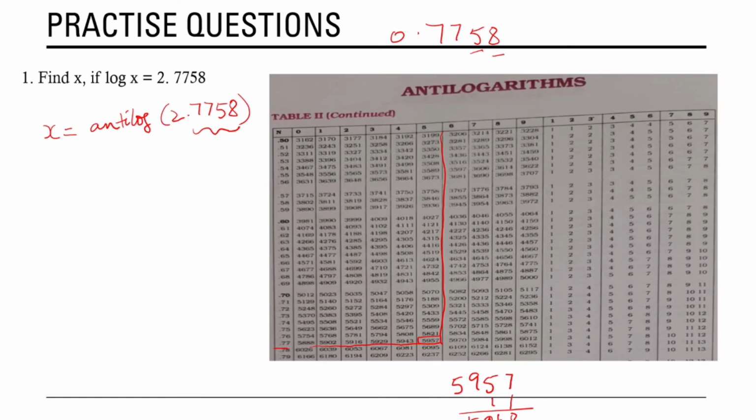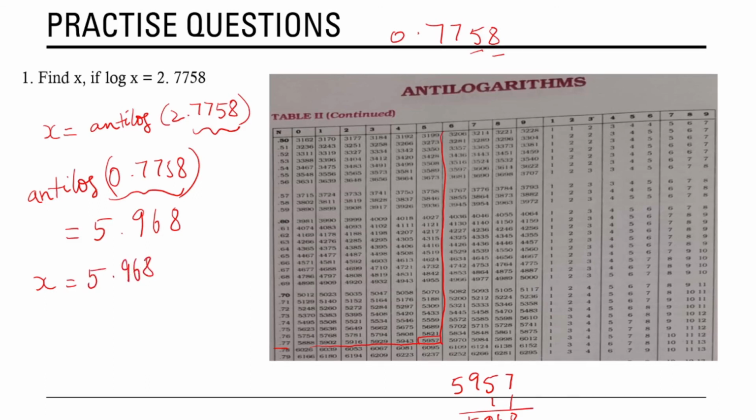So the antilog of 0.7758 is 5.968. So x is equal to antilog of 2.7758. The antilog of this mantissa part is 5.968, and we write it in the standard form, into 10 raised to the characteristic of the given log number.